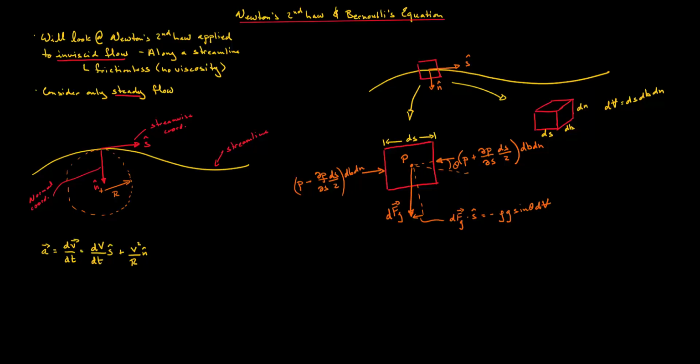So this is the streamwise or tangential acceleration. And this is the normal acceleration or centripetal acceleration, the latter being due to a change in direction. Okay, we'll come back to the acceleration shortly.